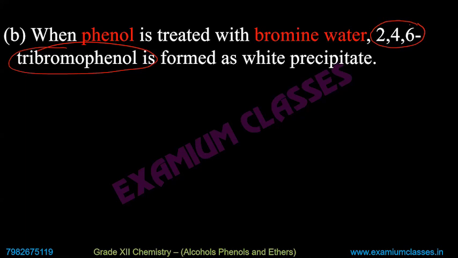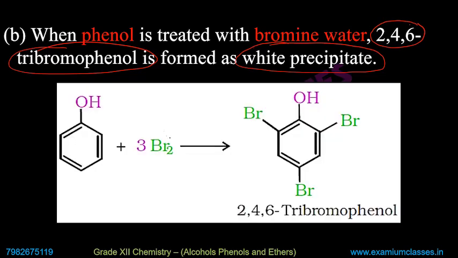And one very important point which will help you to identify the compounds, that it is actually a white precipitate. So when phenol is treated with bromine water, we get 2,4,6 tribromophenol and it is a white precipitate.